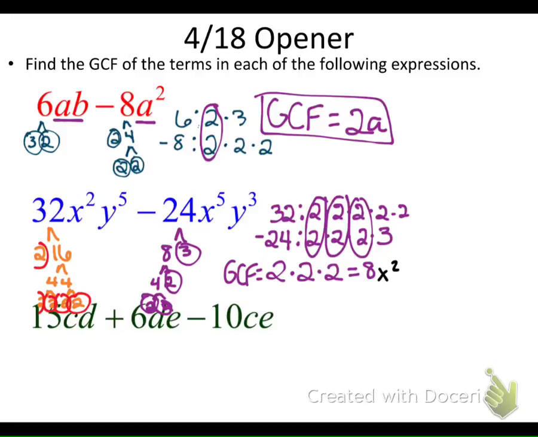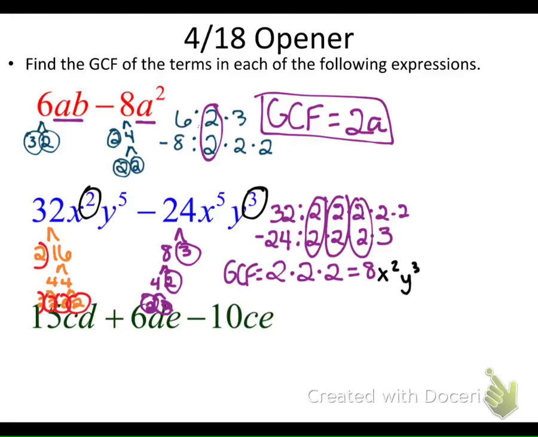X squared, what, Haley? Y to the third, right? To the third? How'd you get that, Brendan? That's the lowest exponent, right? It's the smallest one.